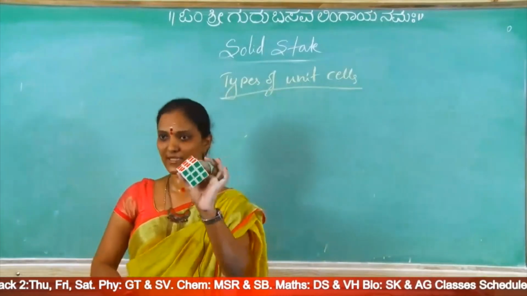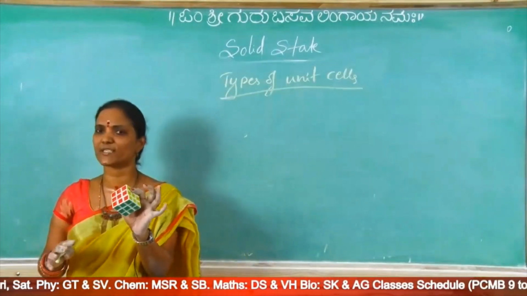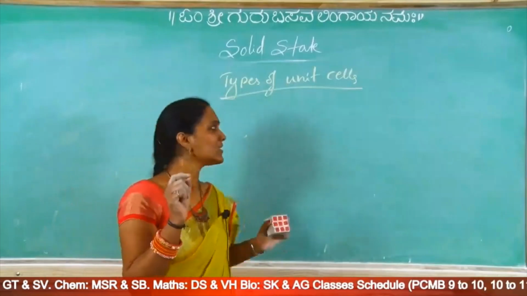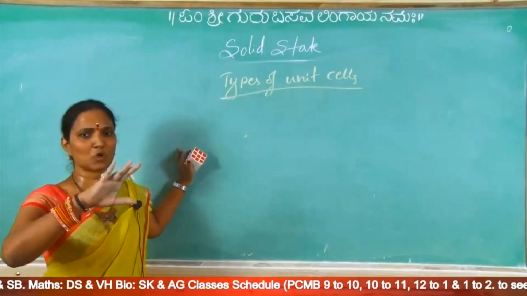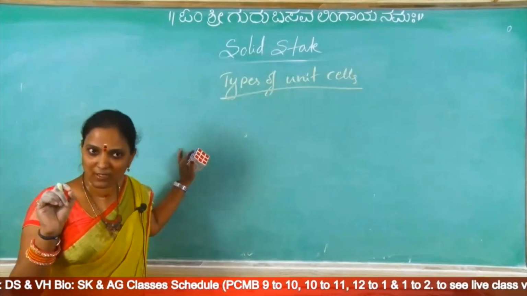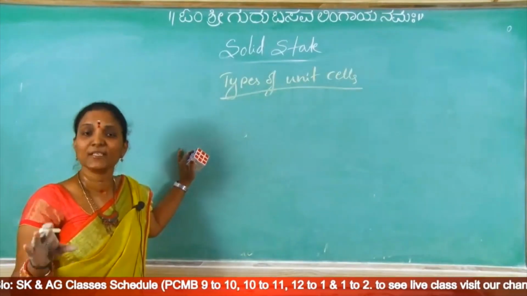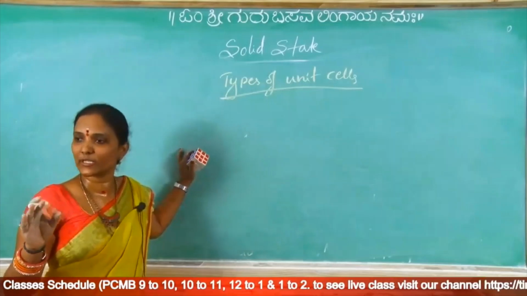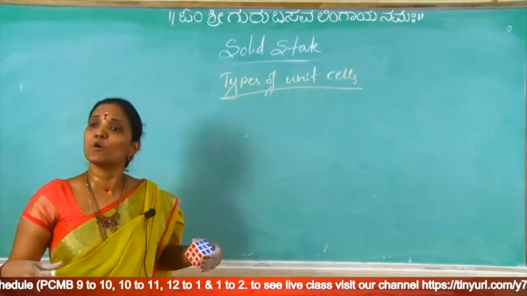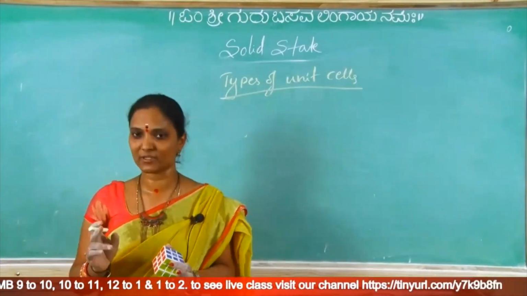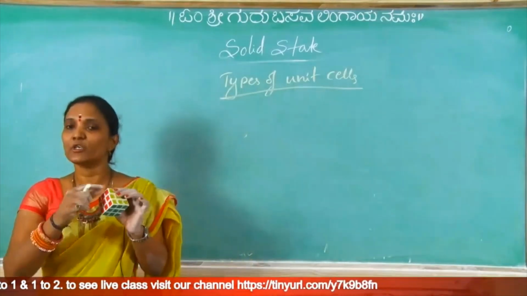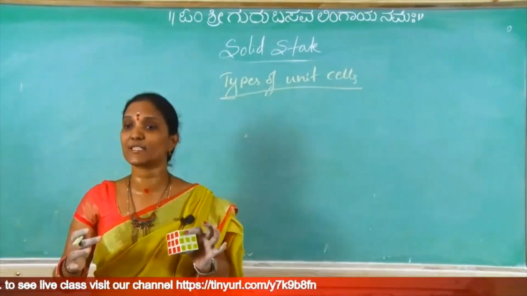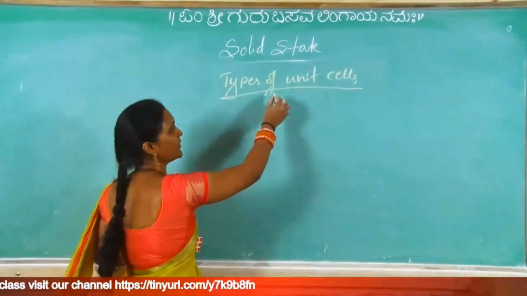Like that, to find the structure also, it is a complex structure. To find the crystal structure, we just have to take one small piece. The small piece structure is similar to the whole crystal structure. The smallest repeated three-dimensional unit of crystal that gives the whole crystal lattice structure, clear? That is the unit cell.